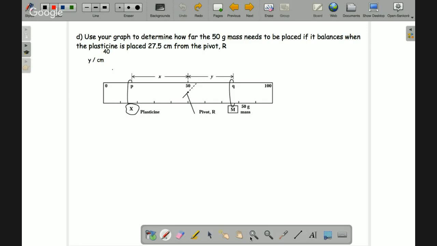Use your graph to determine how far the 50-gram mass needs to be placed if it balances when the plasticine is placed at 27.5 centimeters from the pivot. So basically what this is saying is that the plasticine is placed 27.5 centimeters from the pivot.